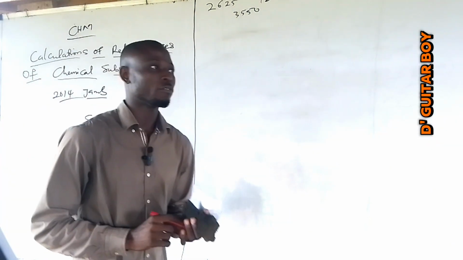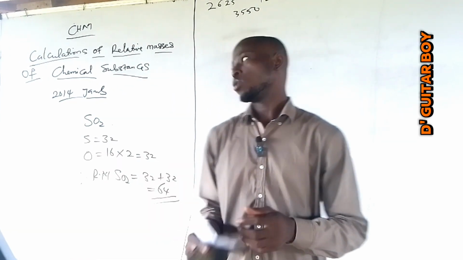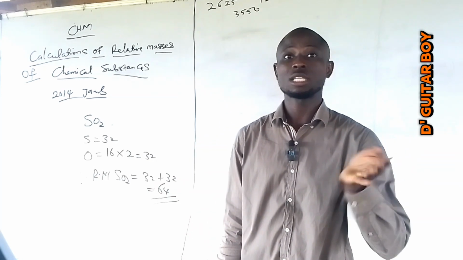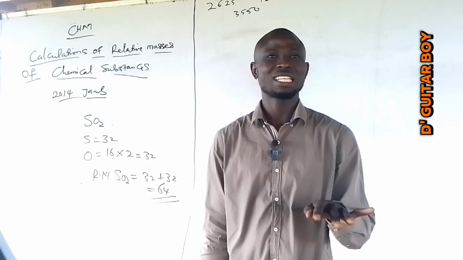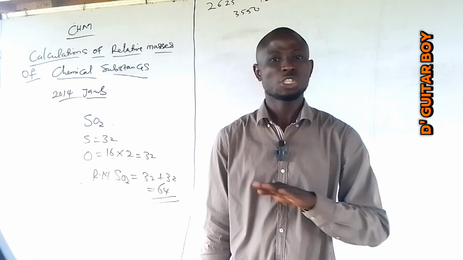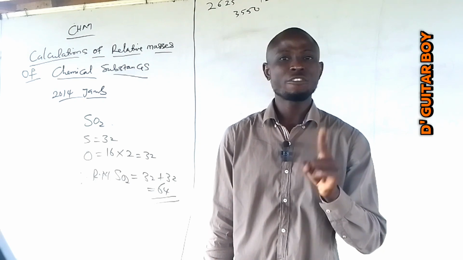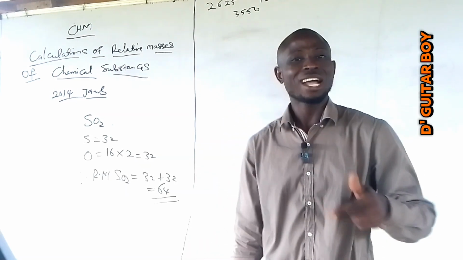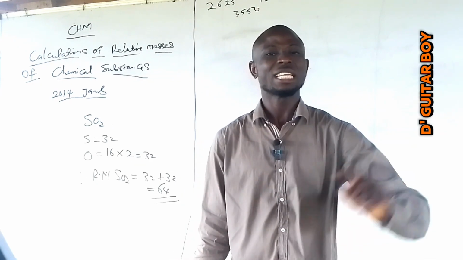So this is the end of this class. We are going to stop here. I hope you understand this, because this is just the basis. There are other calculations later. In short, calculations in chemistry, especially at this level, are very simple. But what is difficult is the chemistry behind the calculation. If you don't understand the chemistry behind the calculation, you keep on having problems in chemistry.